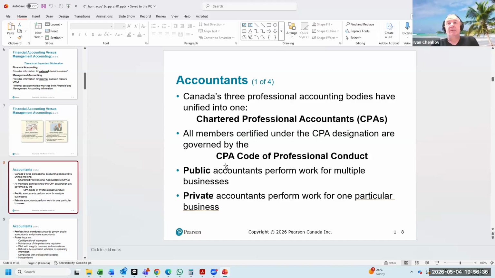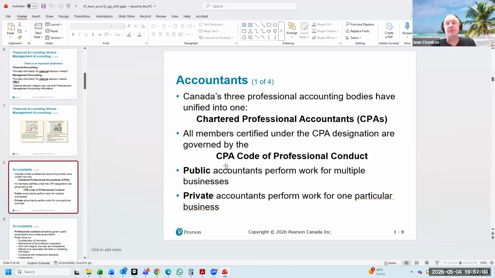The CPAs have to follow a code of professional conduct, and they can work in public companies or in private companies. Public accounting firms perform work for the public, dealing mostly with taxes and people's records.